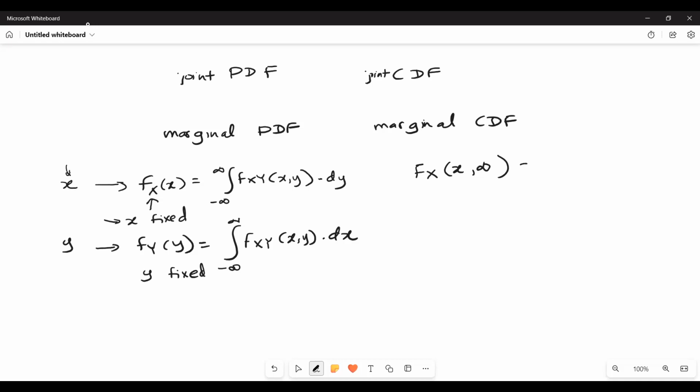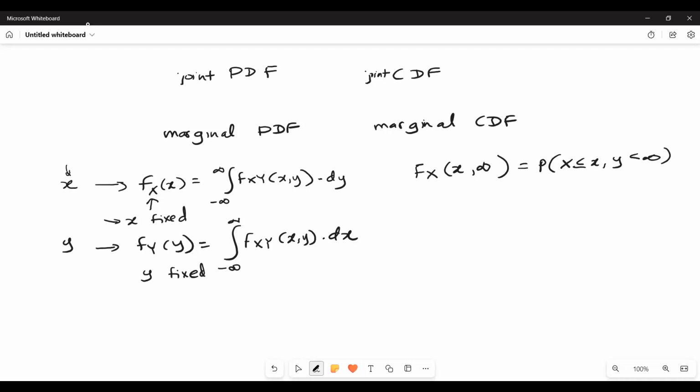So I will take the limit of Y as infinity, and it can be mathematically written as the situation where we have the X value below a certain fixed X value and the Y value is changing until infinity.